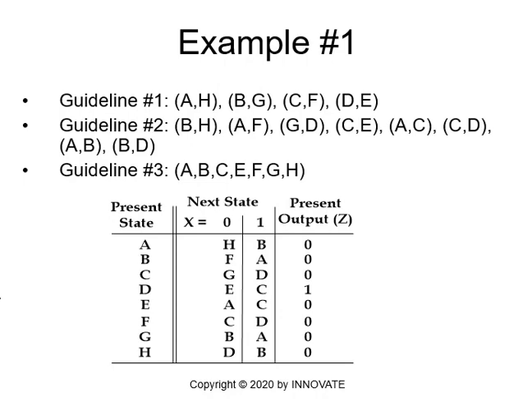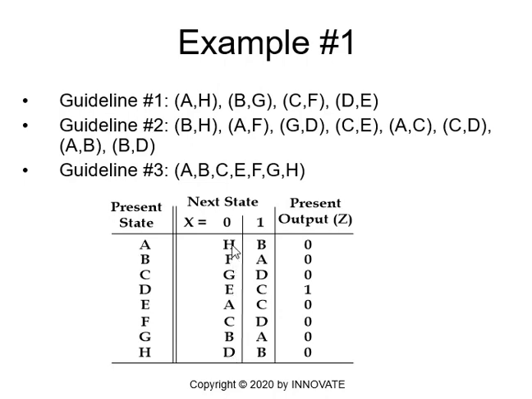If we look here, the next state is here. Under x is 0, for a given x is 0, H does not repeat itself, F does not repeat itself, G does not, A does not, C does not, B does not, D does not.